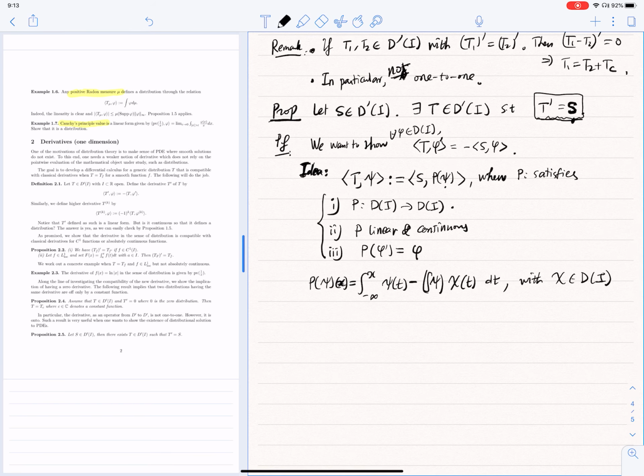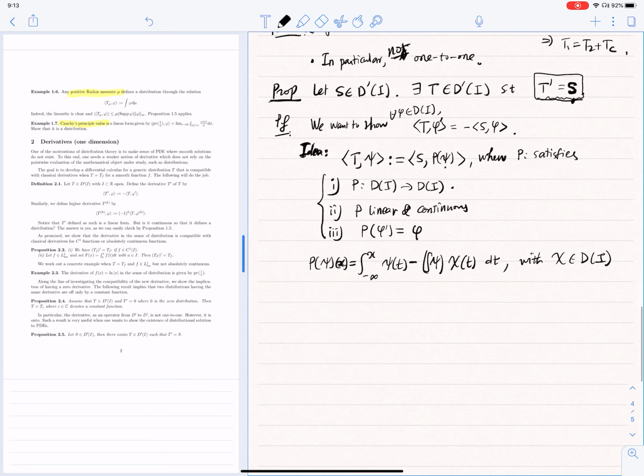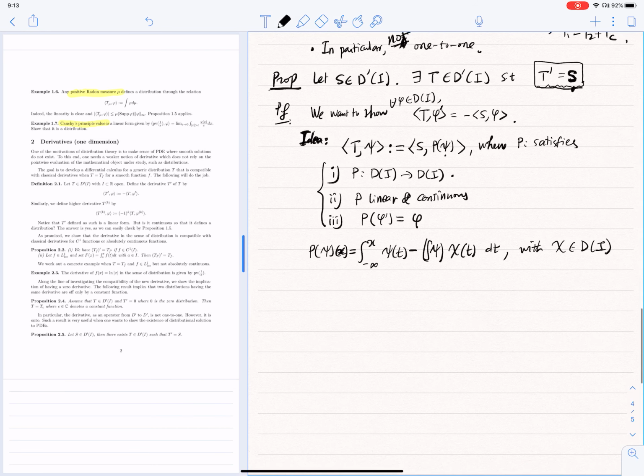So let's check one by one. Let's be more specific. So we check properties 1, 2, 3, one by one separately. So the first property, is it a test function, right?